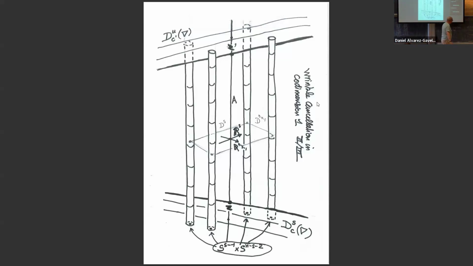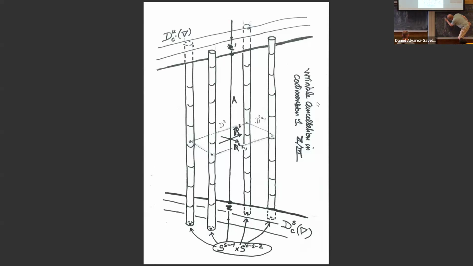Here is the figure. Maybe I should have said that in the beginning: we don't have these cancellation disks, but at least we can consider a small disk upstairs, which is the gradient line from C prime stopped after a time epsilon, and the like downstairs.